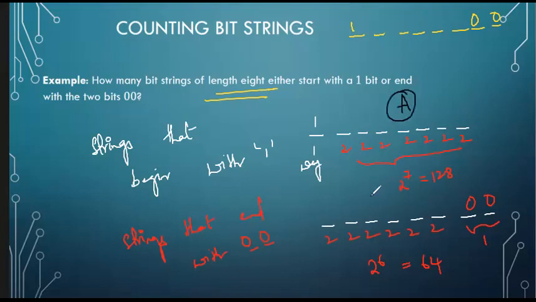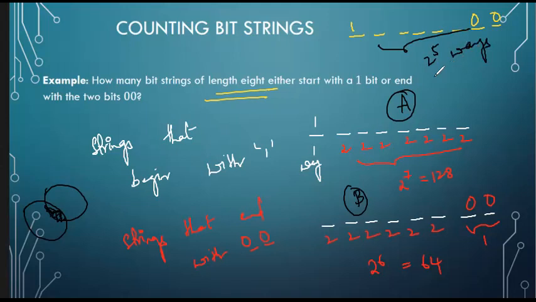If this is A and this is B, then there are a few common cases. If you remember our sets diagram, a few common cases lie in this part. Both of them are being included twice. So we have to remove the cases where the string is starting with 1 and ending with 2 zeros, which is being included twice. How many ways can we do this part? We can do it in 2 power 5 ways.